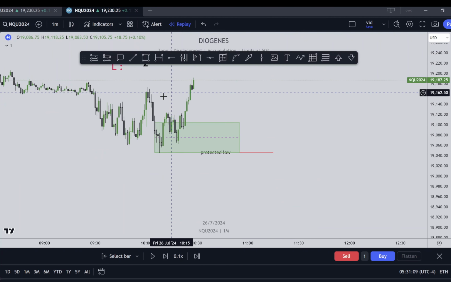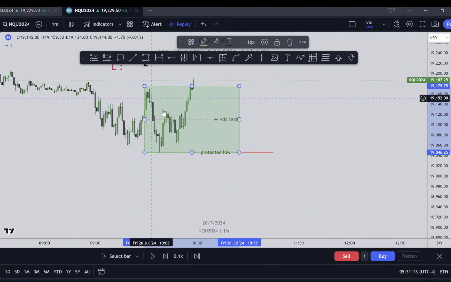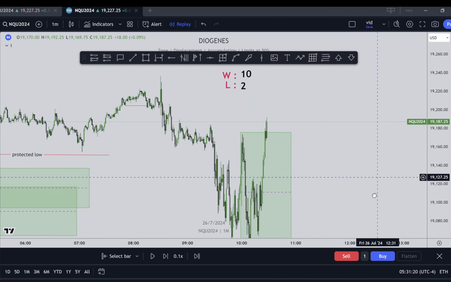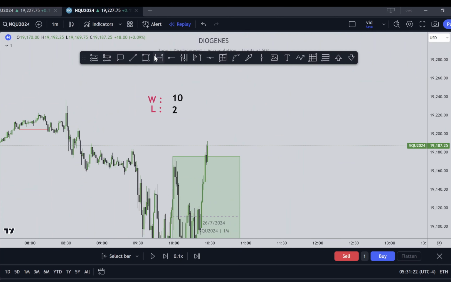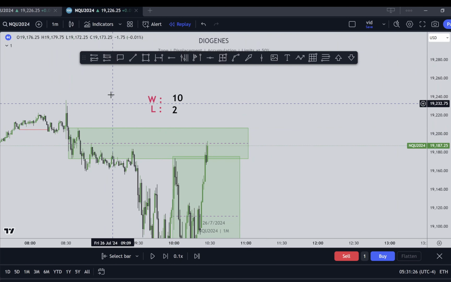Okay, so now that we closed above here, here is for me our new bullish zone. Okay, we're still bullish, but I didn't forget about our perfect short.